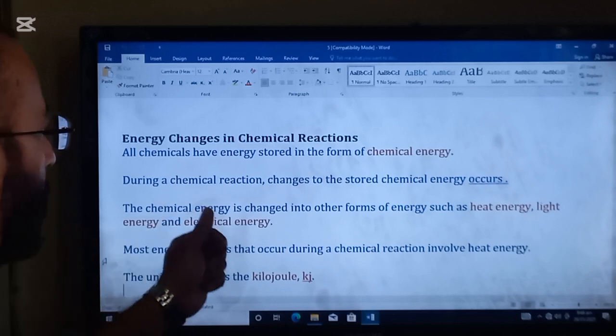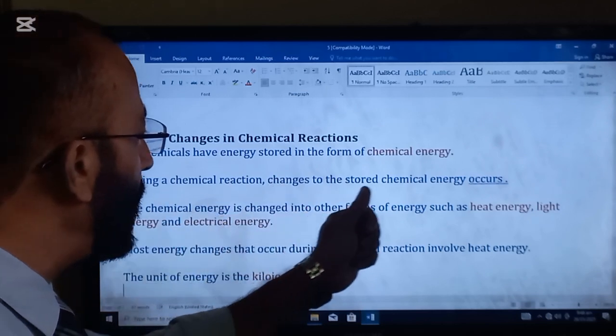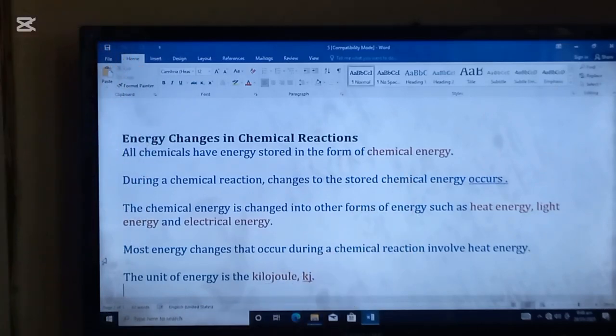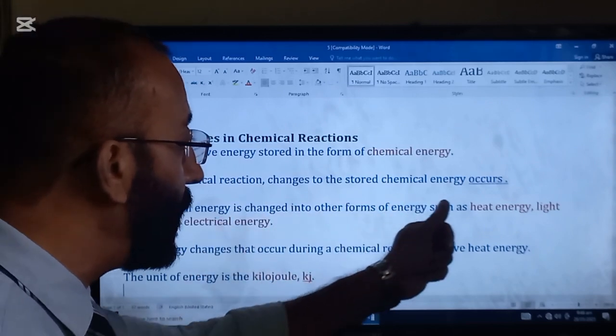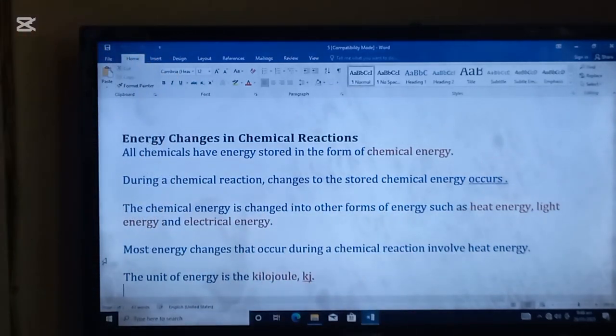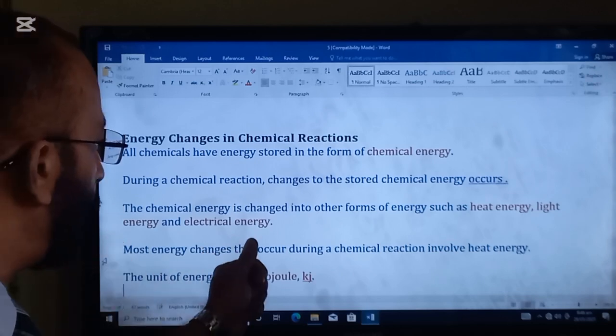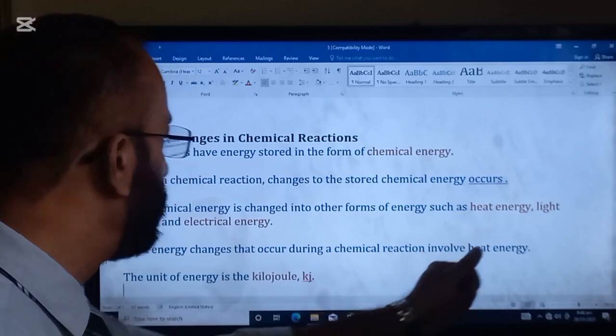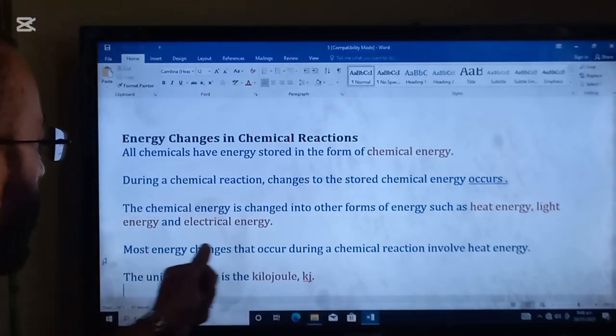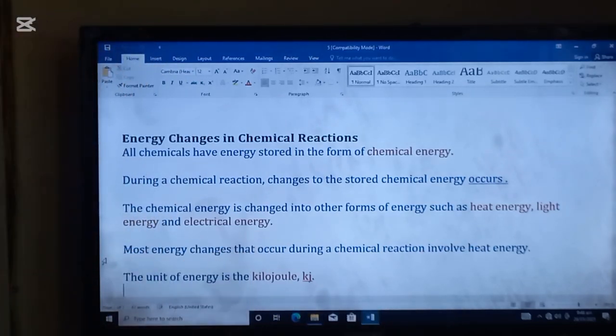All chemicals have energy stored in the form of chemical energy. During a chemical reaction, changes to the stored chemical energy occur. The chemical energy is changed into other forms of energy such as heat energy, light energy, and electrical energy.